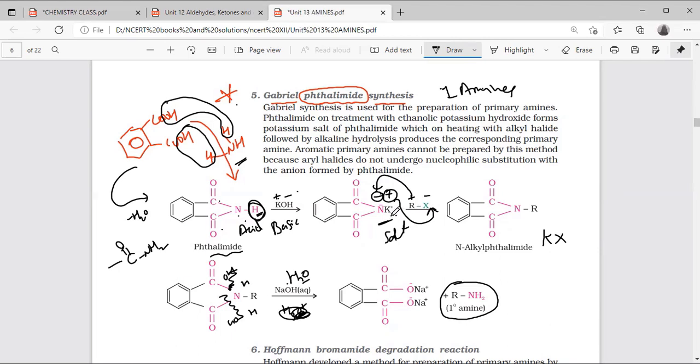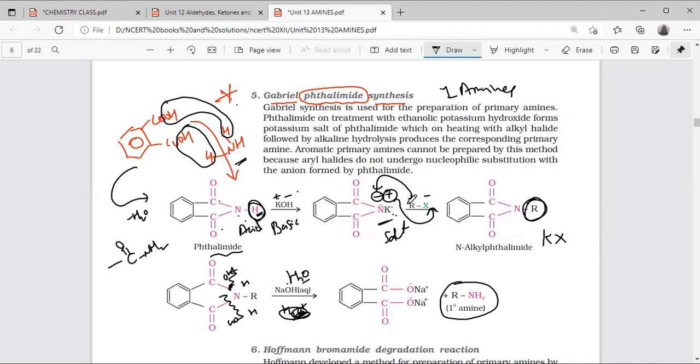Why do we need to form a salt? Because if you want to substitute an alkyl group on nitrogen, we should make it a salt type.